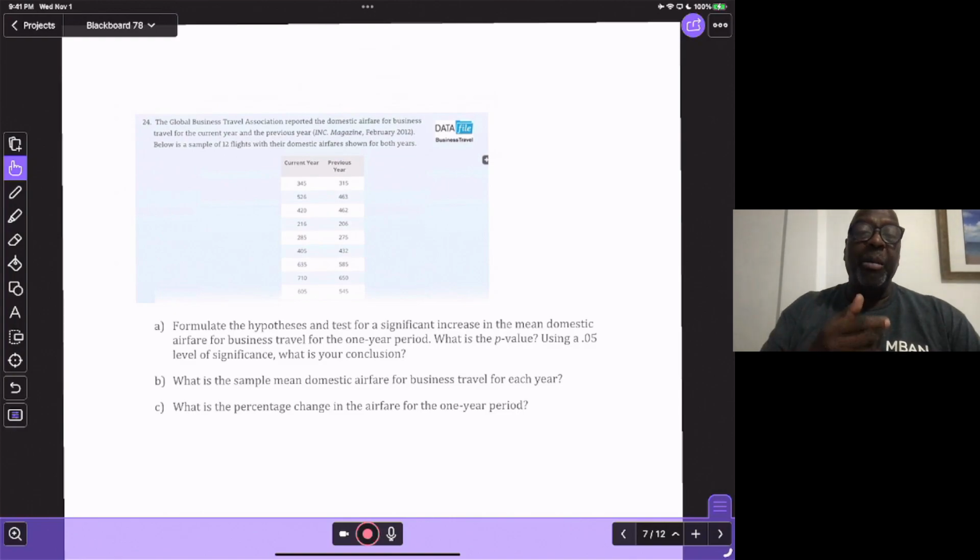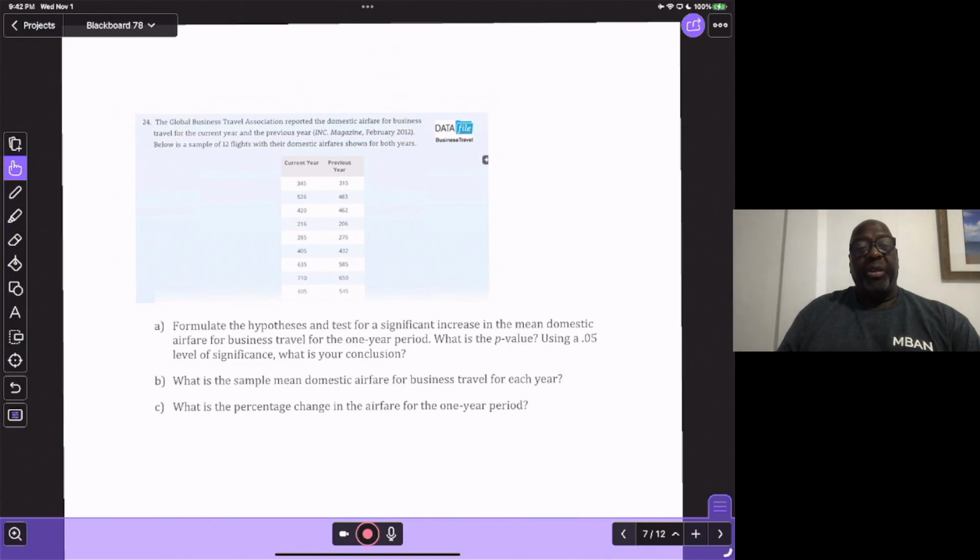They have something in common, that is the particular flight number, whatever that is. Formulate the hypothesis and test for a significant increase in the mean domestic airfare for business travel for the 1 year period. What is the p-value using a 5% level of significance?